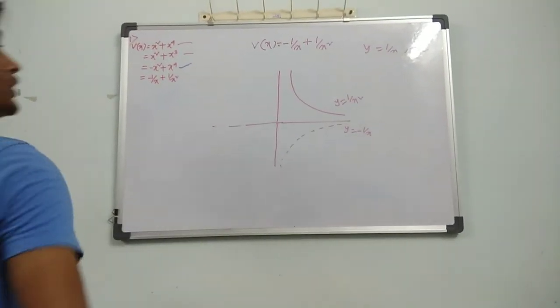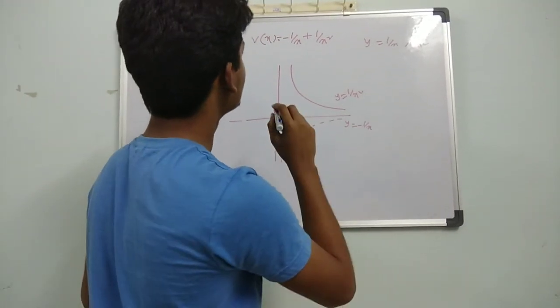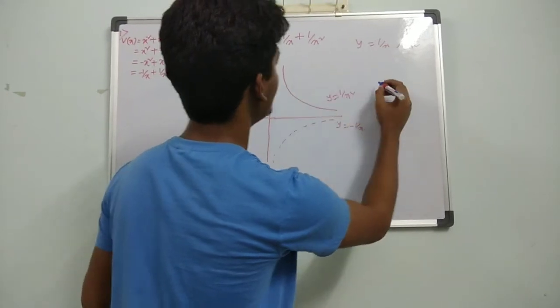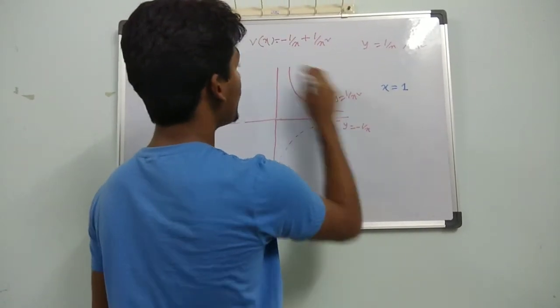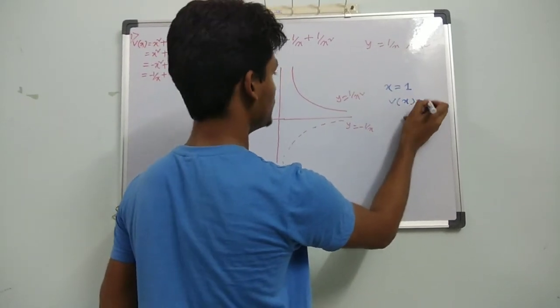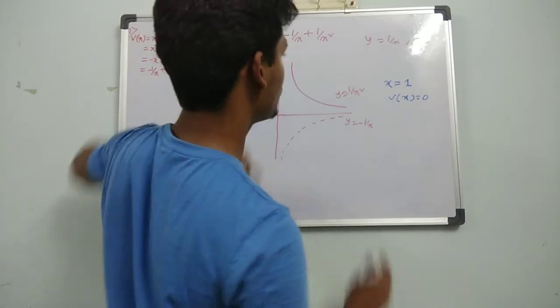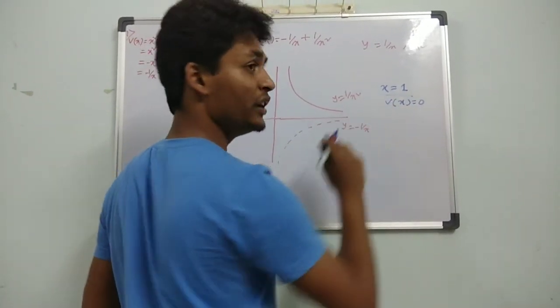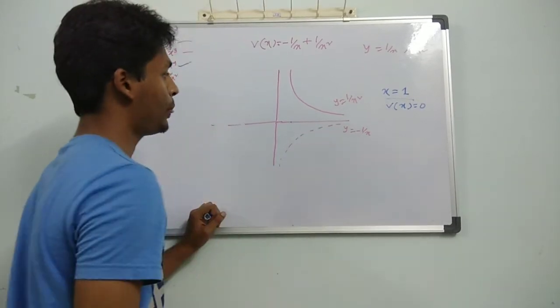My final plot will be like, let me just come to one point. If I take x equals 1, Vx will be 0, because this is 1 minus 1 and this is 1. So at x equals 1, Vx will be 0. Okay, so this is my 1.